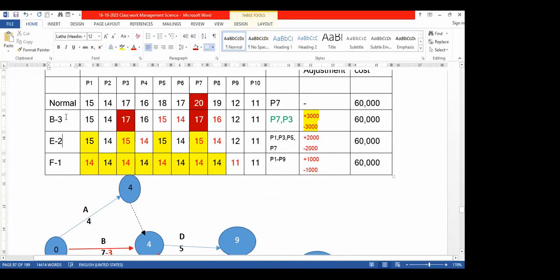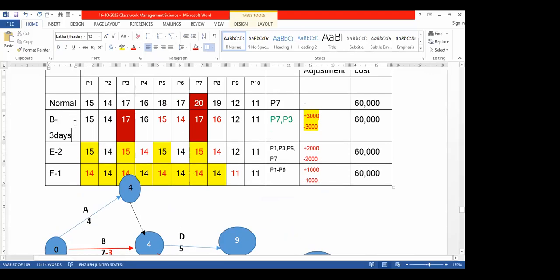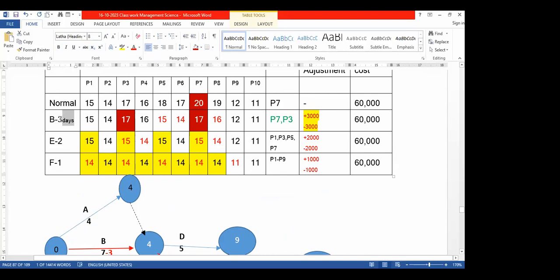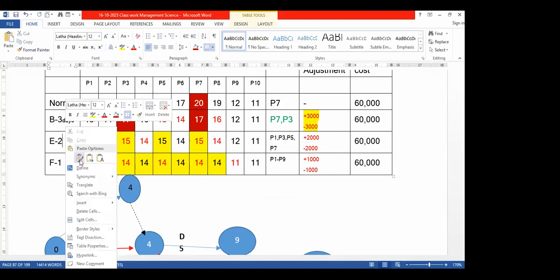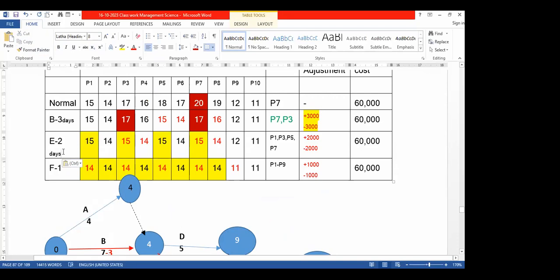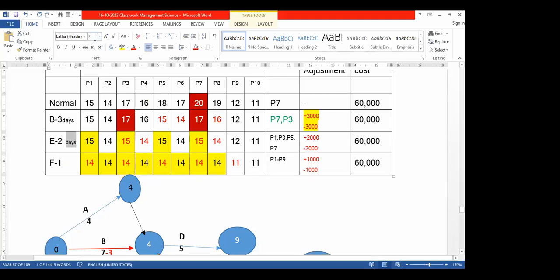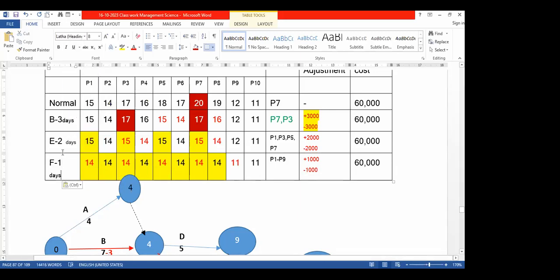You can put the 3, this is 3 days, 3 days. This is 2 days. This is 1 day.